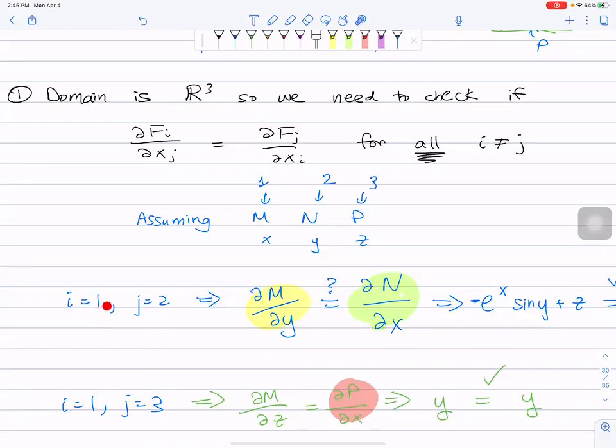So i being 1 means that we want the first thing of F, that's M. Then j being 2, we have x sub 2, so we want the second variable, that's Y. And then it should equal the partial of F, j is 2, over x1. So the second F component is N, the first x component is X. So they're kind of going in opposite directions.